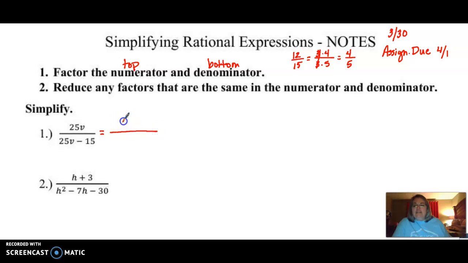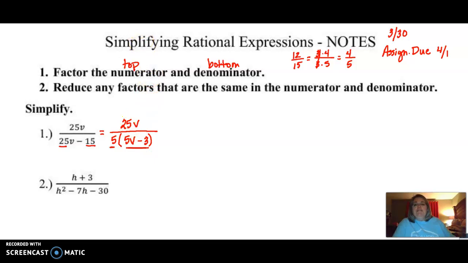And we can factor that denominator by taking out a common 5, because there's a 5 in both 25 and 15. When I factor out a 5 from 25v, I'm left with 5v. When I factor a 5 out of 15, I'm left with a minus 3. So now, when I'm looking for my factors, I have a 5 on the bottom, and I have the 5v minus 3 on the bottom.